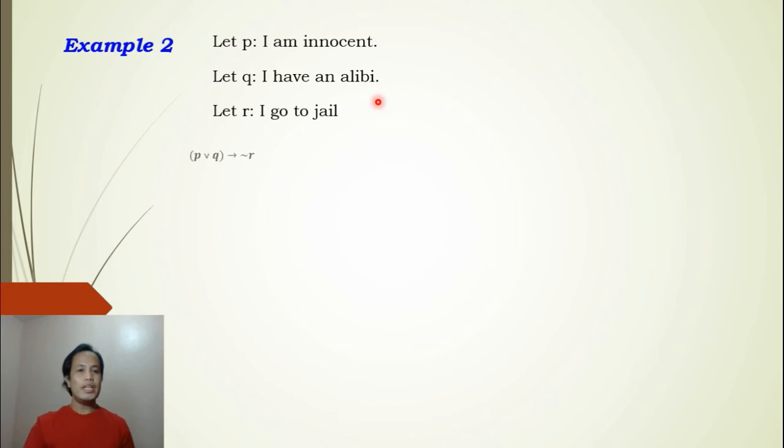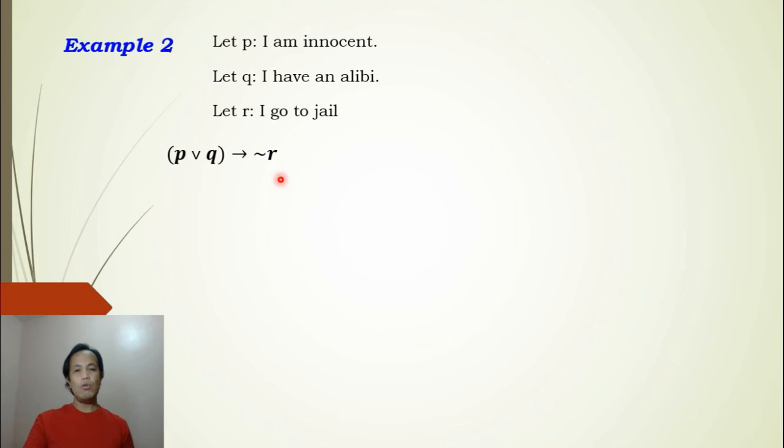For example, we are given this symbolic logic: P or Q implies not R. So observe, our R is negated. I go to jail, so we need to negate this statement. Then P or Q. And of course, the dominant symbol here is our implication. So this is an if-then statement or implication or conditional statement.